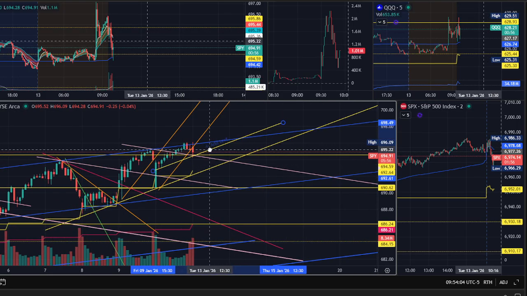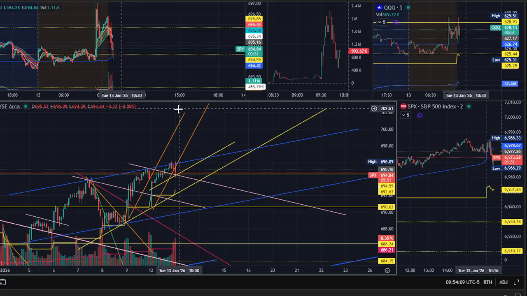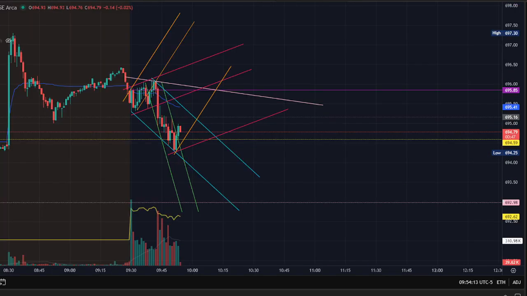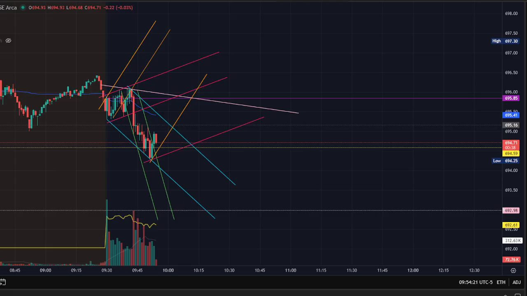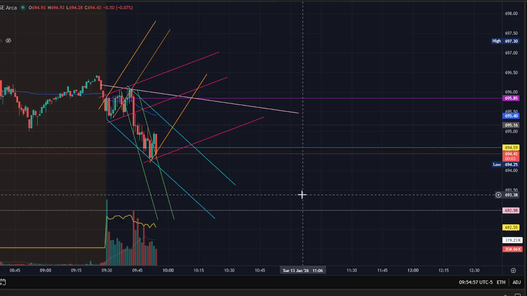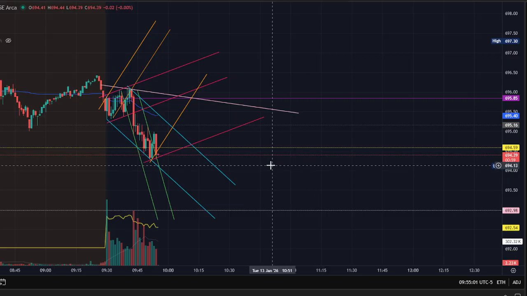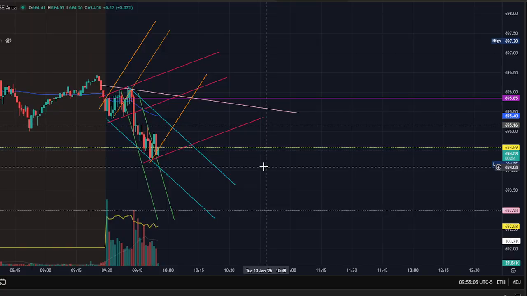That was a retest of the yellow algo on the 30-minute here, tapering from the blue. Be careful when you get a lot of engulfing candles like this.